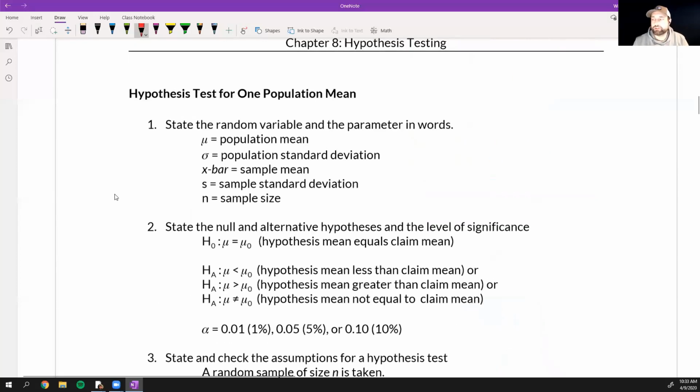So you establish the population mean, the population standard deviation. You get your sample mean and maybe your sample standard deviation and then the sample size. If your sample size is greater than 30, you use the z-score. If your sample size is less than 30, you use the t-score. Okay?